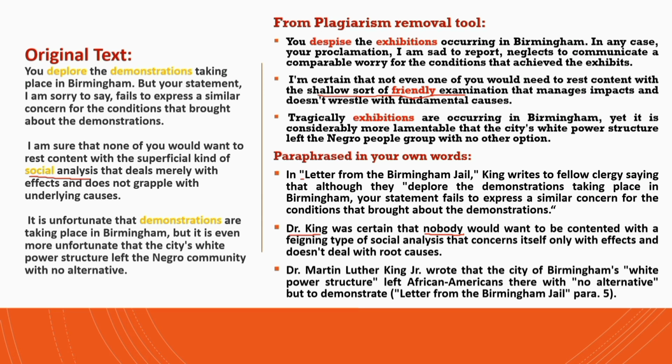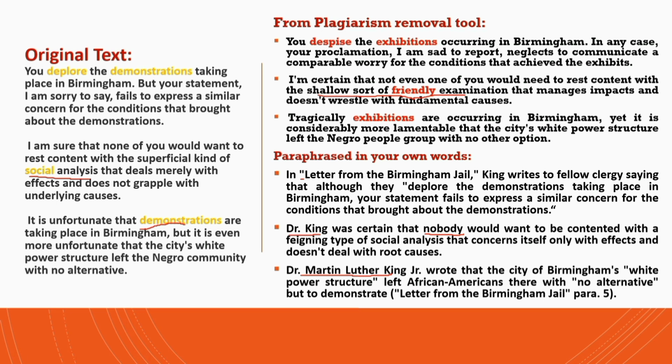We can see the third sentence. It is unfortunate that demonstrations are taking place in Birmingham, but it is even more unfortunate that the city's white power structure left the Negro community with no alternative. As this text was written by Martin Luther King from the jail, from his letter from the jail, we can use additional information.